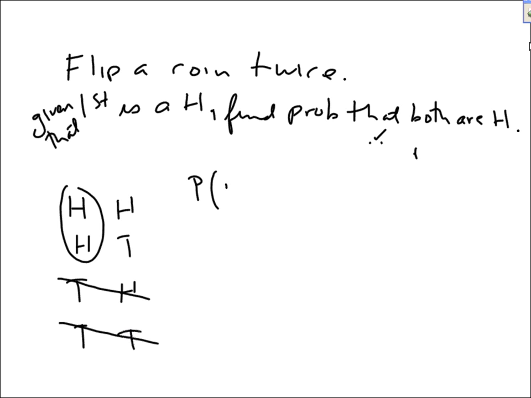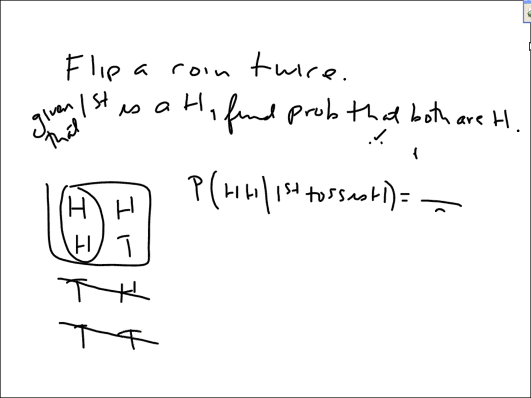So the probability of getting a head, given that the first toss is a head: there are 2 equally likely outcomes, and only one has the second one being a head. So there it is. I think the easiest way of doing it is saying, you know what, this information is not helping me. It turns out that this is just equal to the probability that the second is a head.